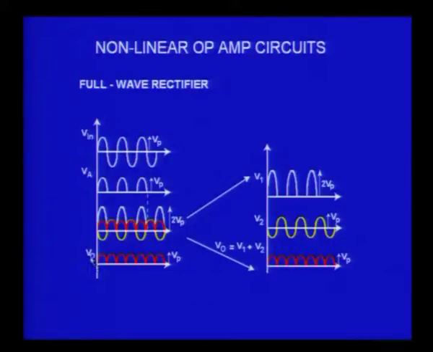That is what is again shown here. This is V in, this is immediately after the half wave rectification, and after I combine the two signals using a summing amplifier, I get the output, which is a full wave rectified signal.